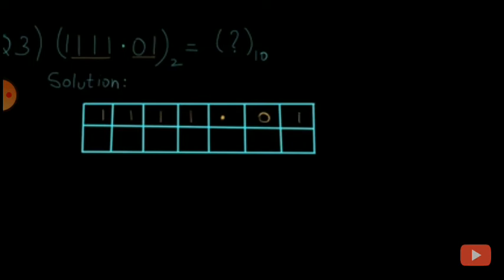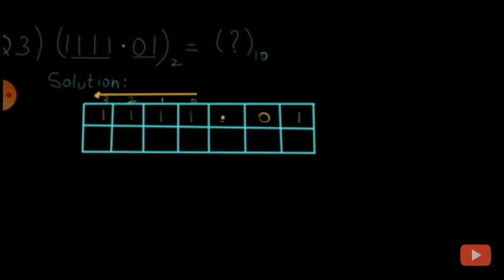You can ignore this decimal point, but I have drawn it for convenience. Now for the integer part, we assign positional values in this direction starting from 0. So this would be 0, 1, 2 and 3, just like we did in question number 1.